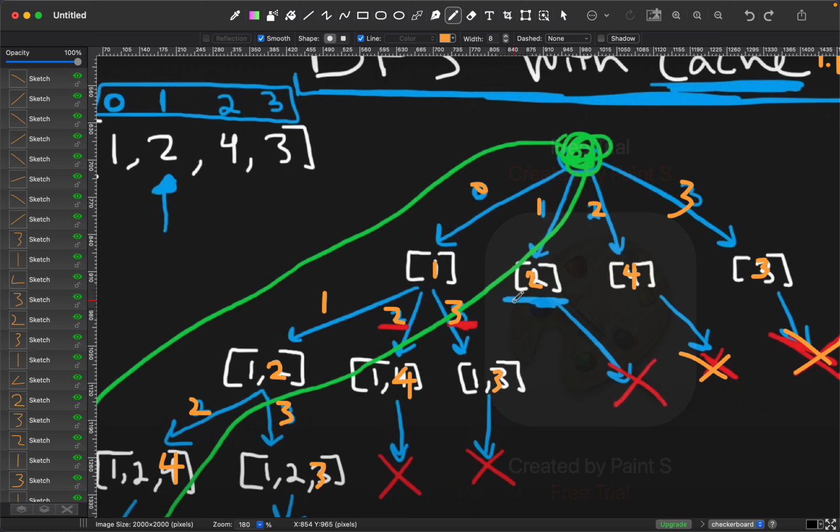Wait, can't I go 4 and 3 here? What's happening? Am I crazy or what?